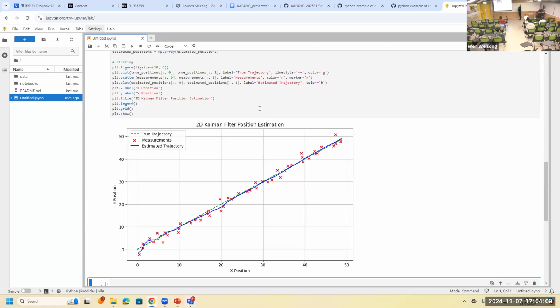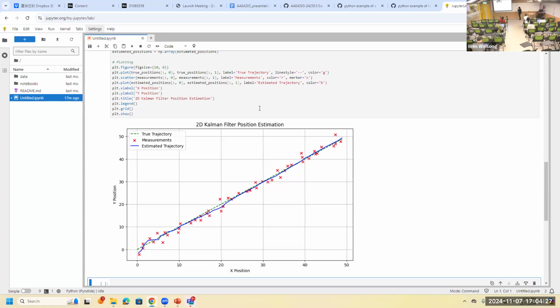So this is the GPS, and this is the reference trajectory, okay?